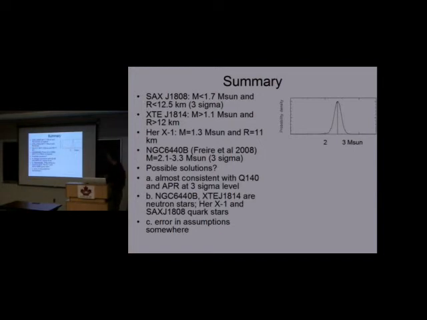Okay, so I think the whole thing. Why did we get an upper bound on M and R for 1808 and a lower bound for 1814? Okay, so it's the modulation. Qualitatively, where do I go to the pulse shape?